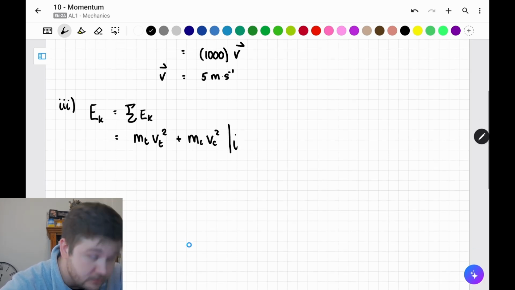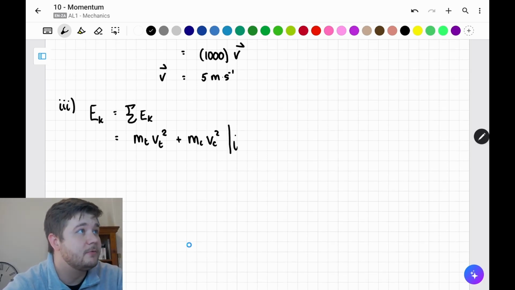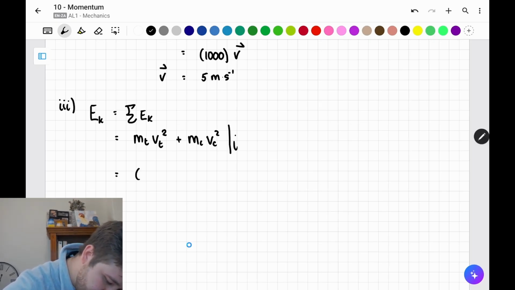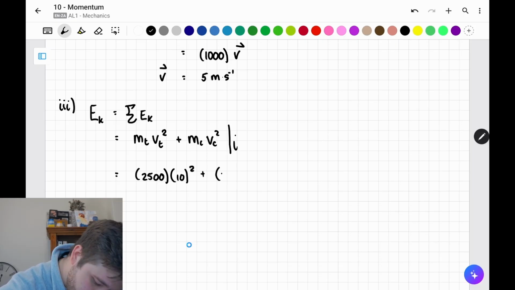Initially, we will do the exact same thing for the final case. Okay, so let's fill in our values. We have 2,500 kilograms for the truck traveling at 10 meters per second squared, and the car of 1,000 kilograms multiplied by 20 meters per second squared.